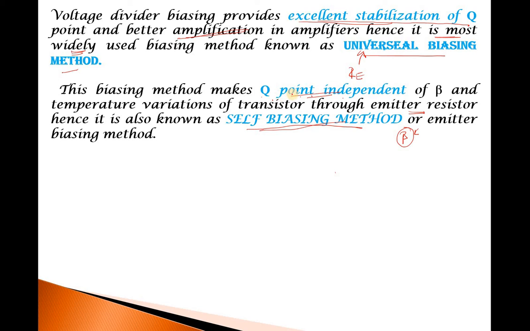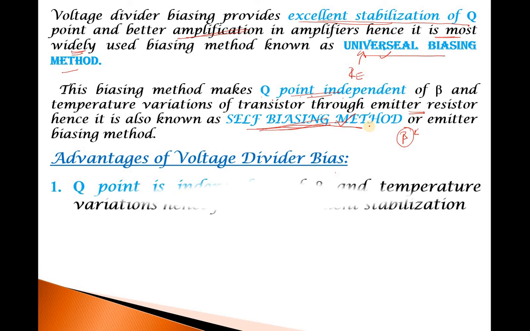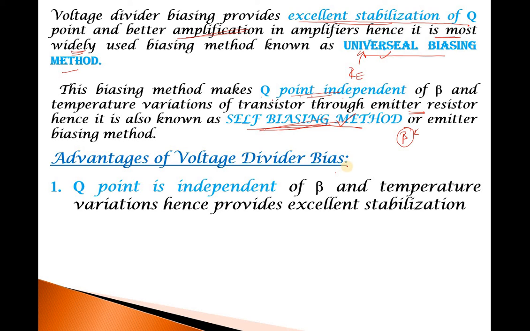It is fixed in that position where we design. Hence, it is called self-biasing method. So universal biasing and self-biasing are the two names given for voltage divider biasing method. Then, what are its advantages?